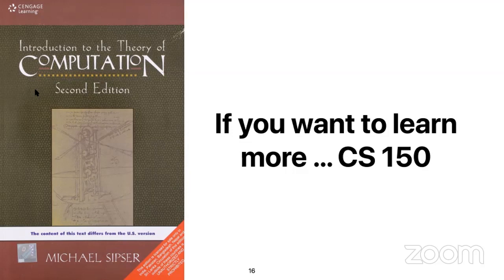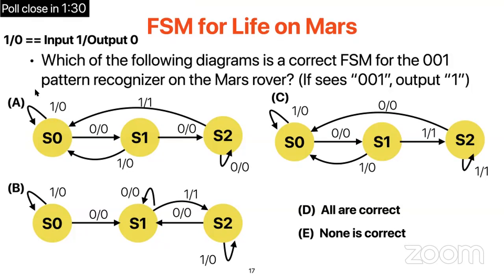Okay, so right now, given we are on the same page regarding how many states can recognize how long the pattern is, do you mind going back and looking at the finite state machine for life on Mars and picking the one that you think would work out?